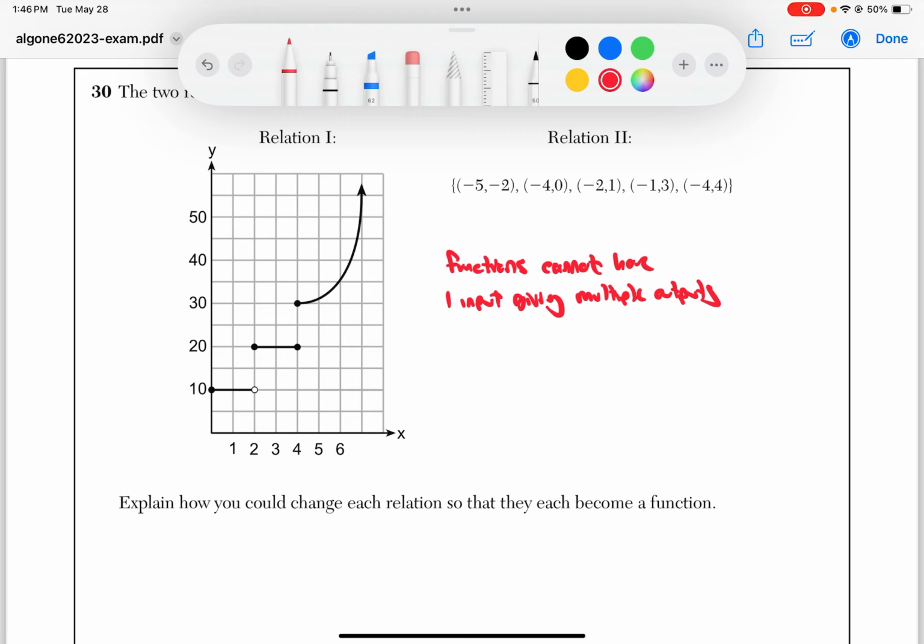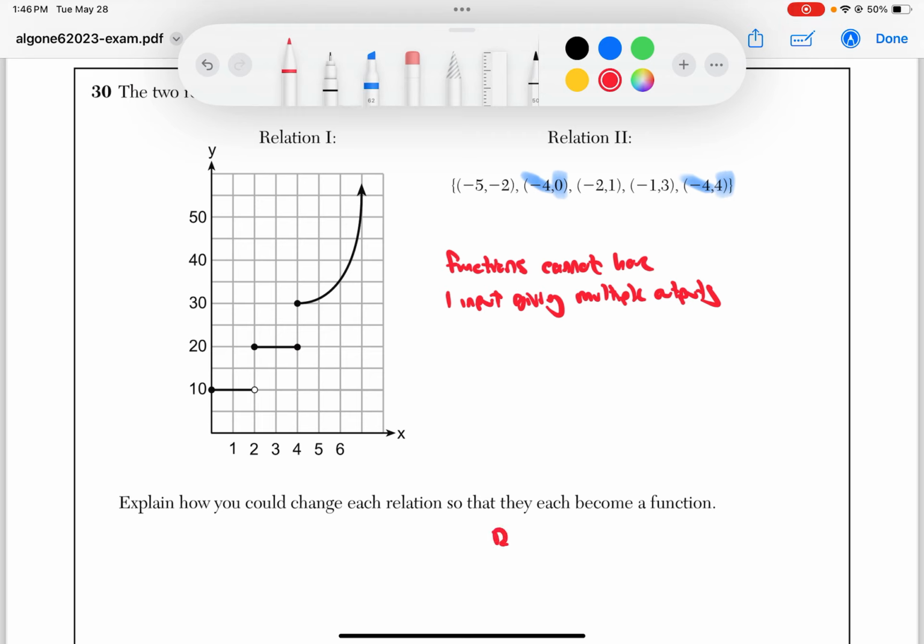Two people can have the same birthday, but one person cannot have two birthdays. So specifically in relation 2, the input -4 has two birthdays. It's -4, 0 and -4, 4.